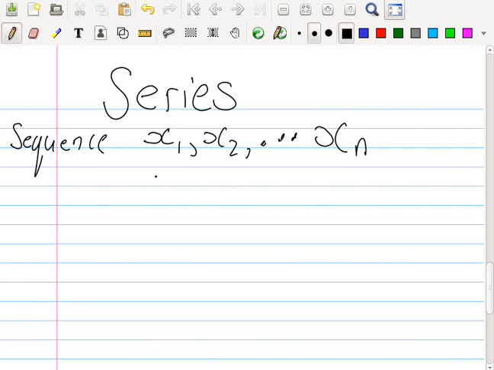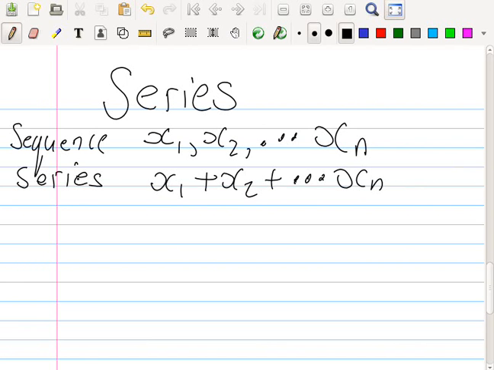Whereas this, x_1 plus x_2 plus dot, dot, dot, x_n, that is called a series. Very similar. The difference is with sequence, it's term, term, term, whereas with series, it's term plus term plus term. So a series is like a sequence that had all its terms summed up, added up.